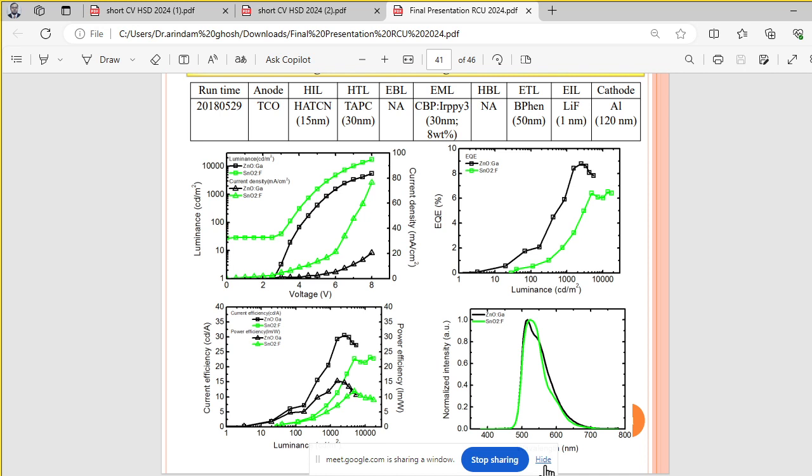Still, gallium doped zinc oxide shows higher external quantum efficiency. The only reason we found is that unbalanced charge inside the OLED makes the efficiency of the commercial sample lower. That is the comparison, and we made a study on that.